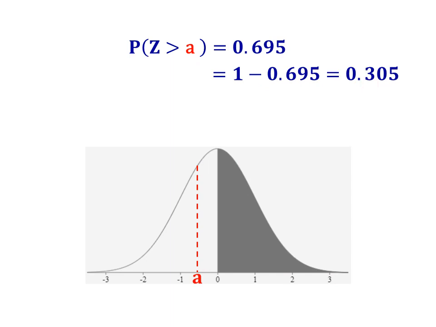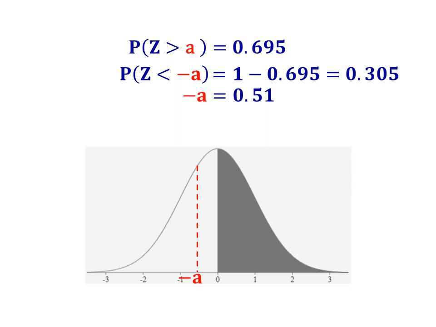is 0.305. So our equation now is probability of Z less than negative A, which is this area. Negative A, because A is at the negative side, so it should be negative and towards the left. So A should be negative.